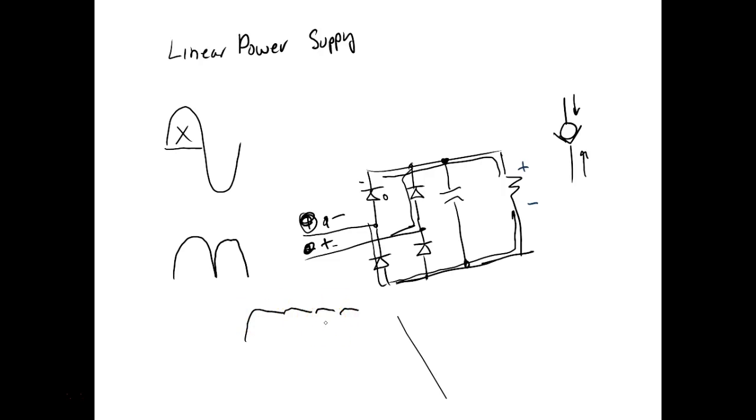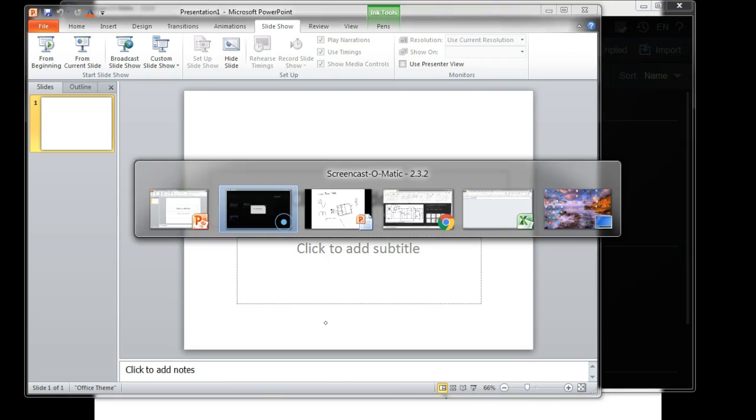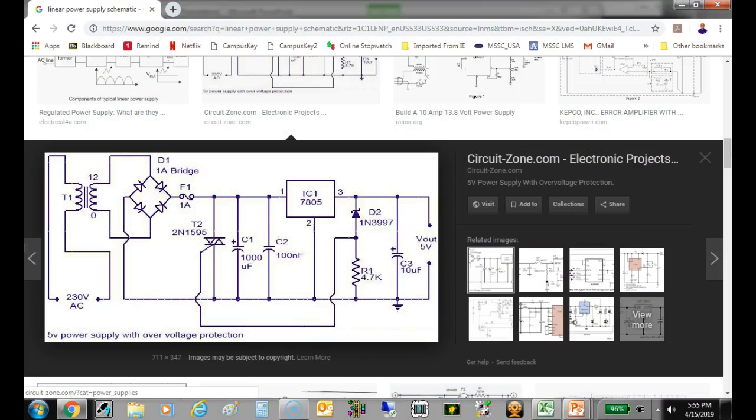So if we look at the print, this is converting it to AC. Here's our filter right there. So what it does is it converts my AC into what we call unregulated DC. And then this is just a pre-filter for the regulator. This is a 5-volt regulator, positive 5-volt regulator. 7805.